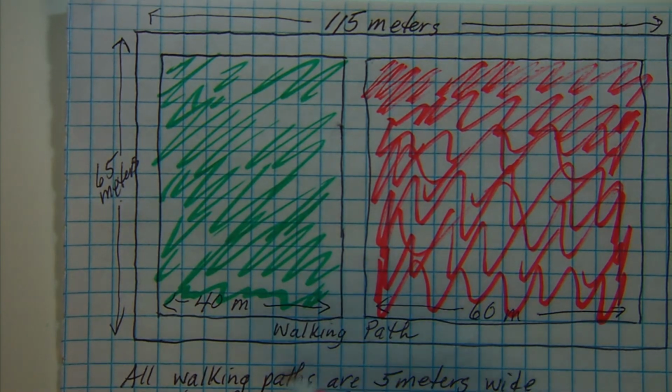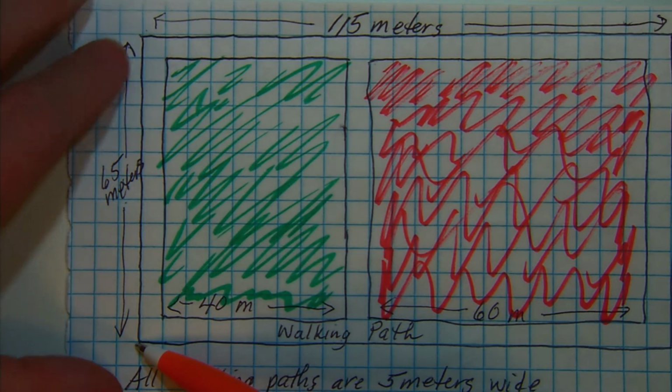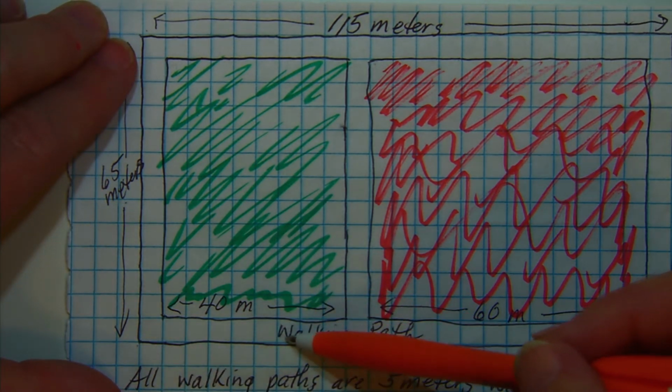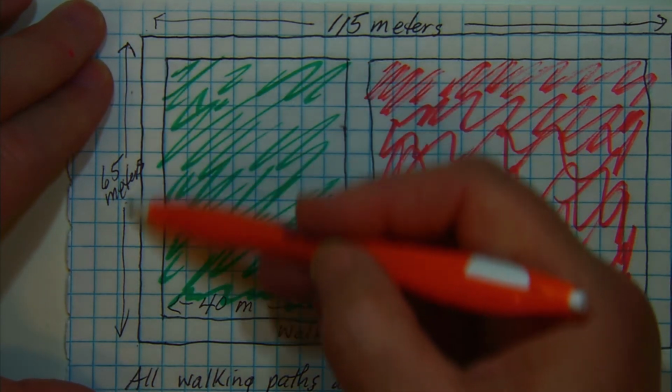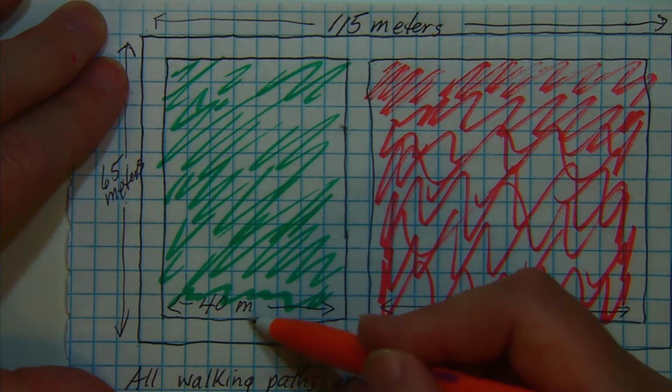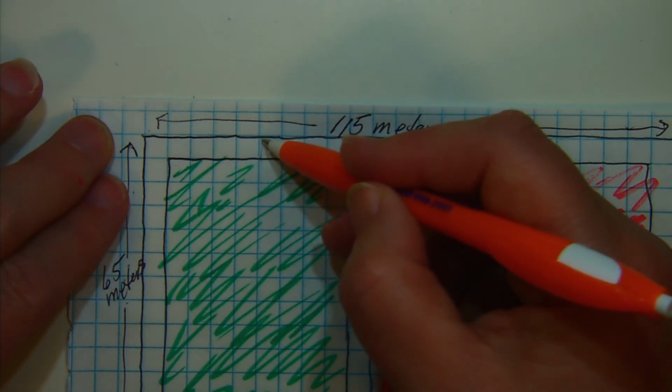Well, let's find out. If the whole rectangle is 65 meters high, and every walking path is 5 meters wide, so 65 meters minus 5 here is 60, and minus the 5 on the other side is 55.